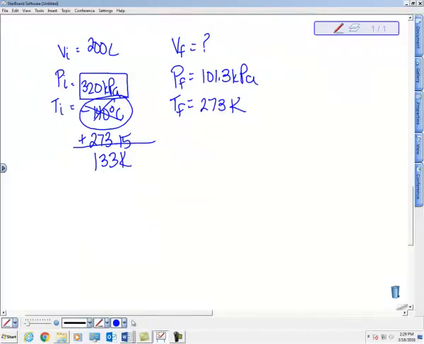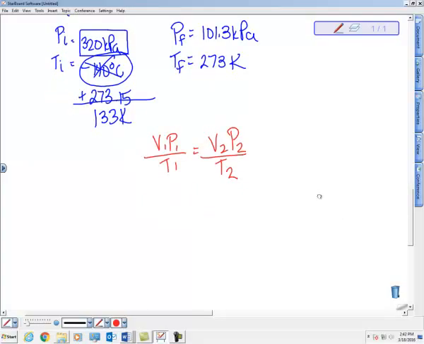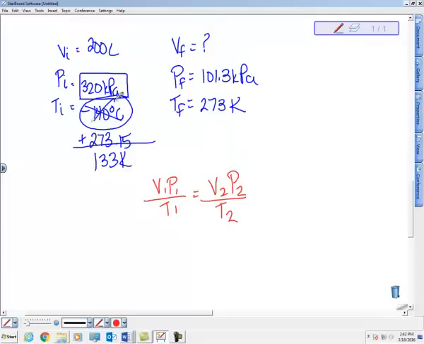All right, you have a lot of variables to keep track of. We are going to be using the combined gas law. V1 P1 over T1 is equal to V2 P2 over T2. All right, so we lined up our formula, so we're just going to start plugging some stuff in, okay? So the initial is on the left and the final stuff is on the right.